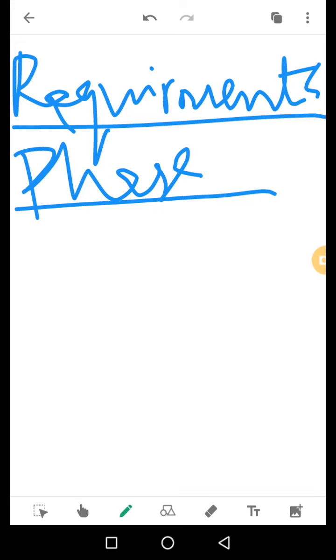So in the software engineering context now, design focuses on 4 major areas of concern.